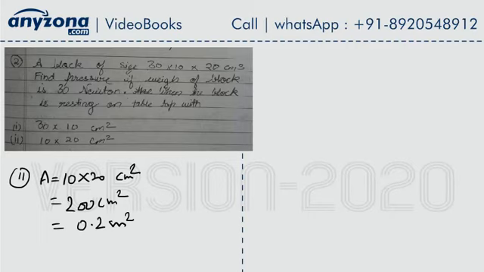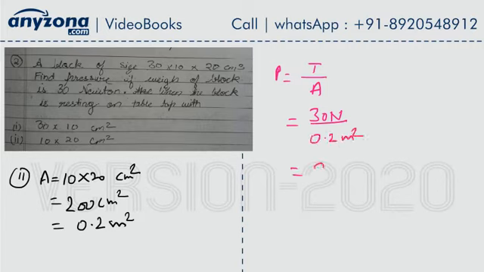Now find the pressure. You know, pressure is equal to thrust upon area. So thrust is how much? 30 Newton. Okay, 30 Newton upon 0.2 meter square.